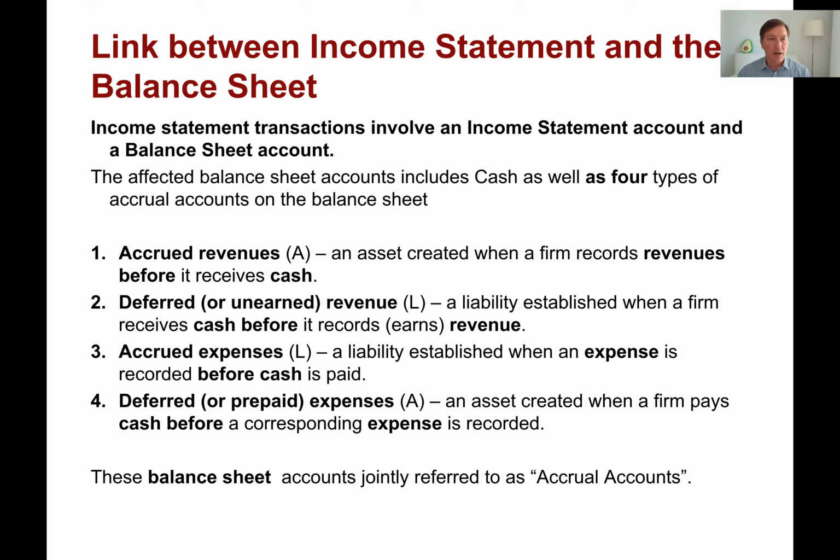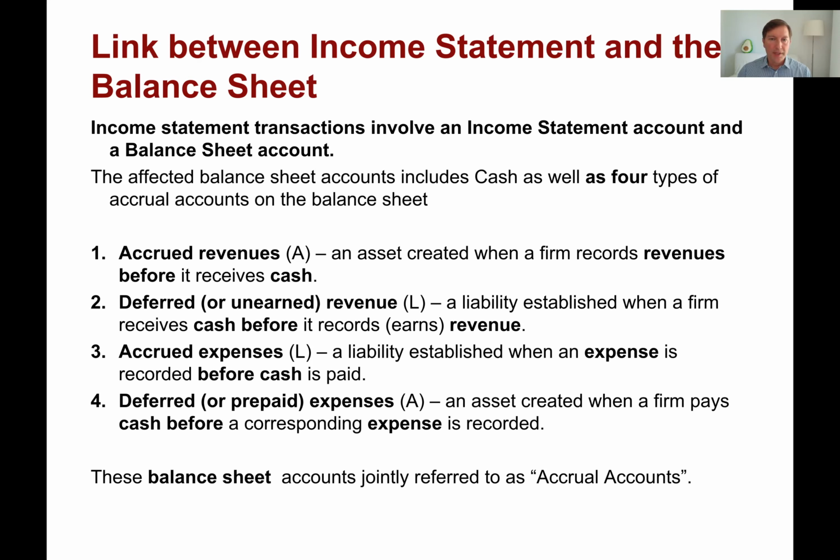For this reason, we have four classes of balance sheet accounts that are going to be used in connection with income statement accounts to record the income statement transactions. Okay, these are accrued revenues and accrued expenses, deferred revenues and deferred expenses. Right?